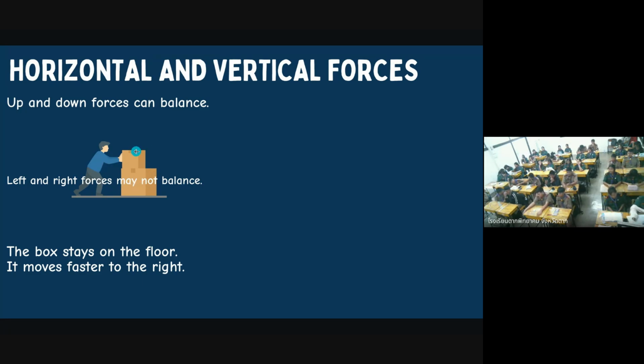But since it's not moving up or down, the up and down forces are balanced. Horizontal and vertical forces can act differently. While horizontal is in balance, vertical may be unbalanced, or while horizontal is unbalanced, vertical can be in balance.